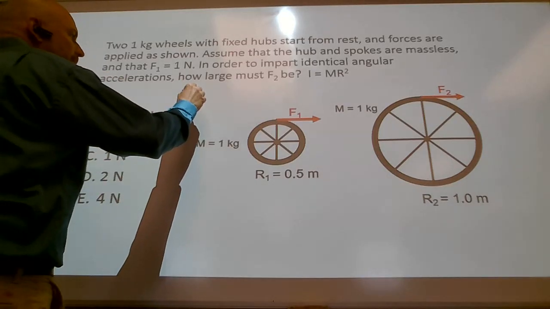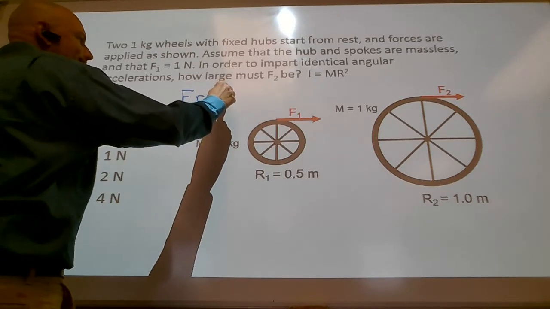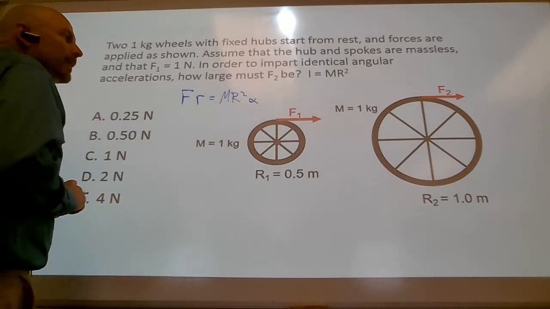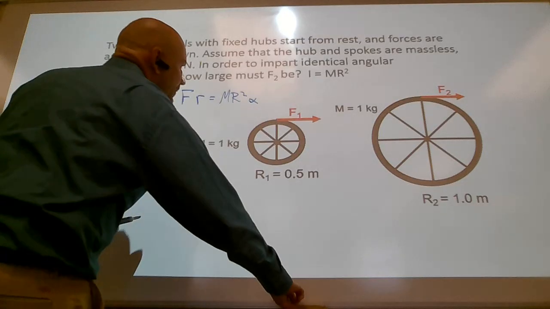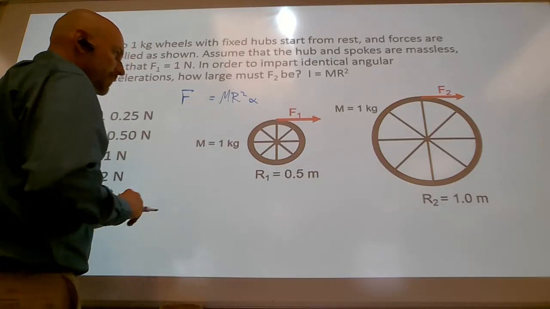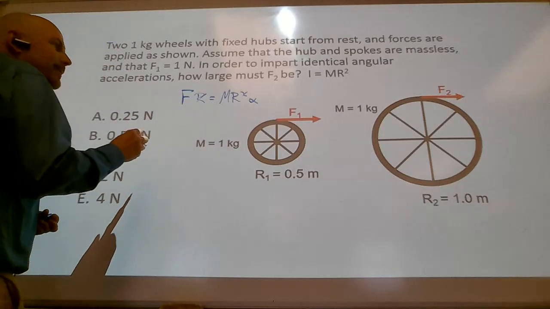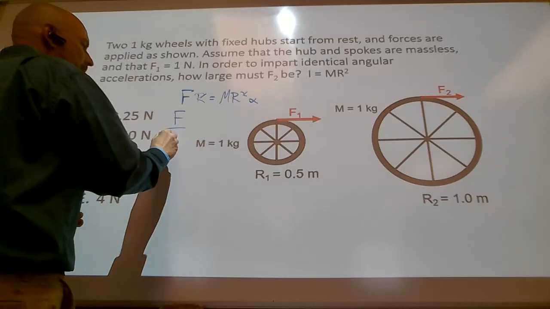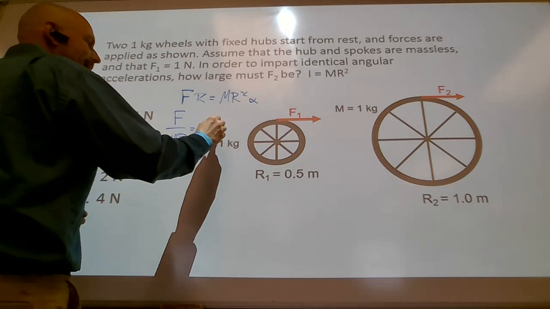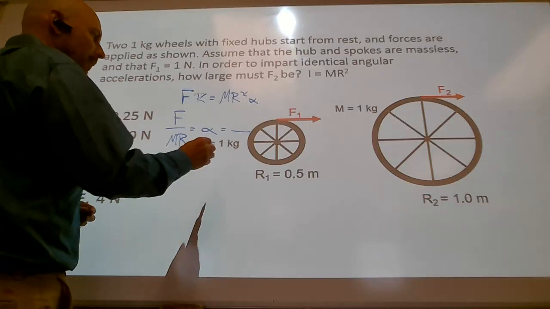So we have force times the radius is equal to m r squared, rotational. Turns out in both cases the R's are like capital R, because they're forces acting on the rim for a specific wheel. So that knocks out one of those. So in order to have the same acceleration, they both have the same mass.